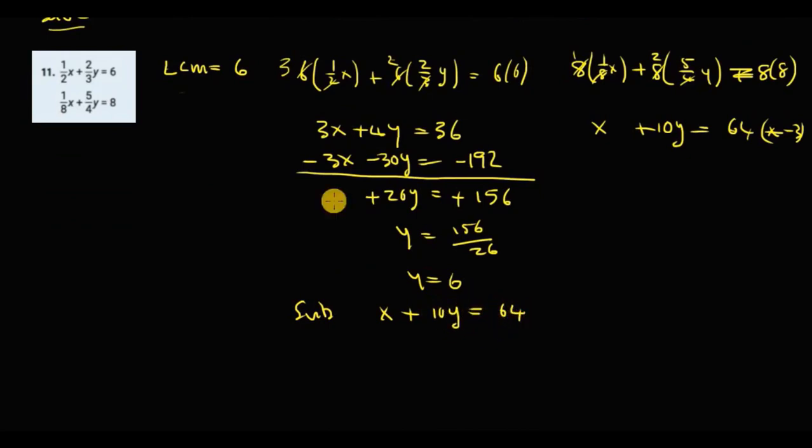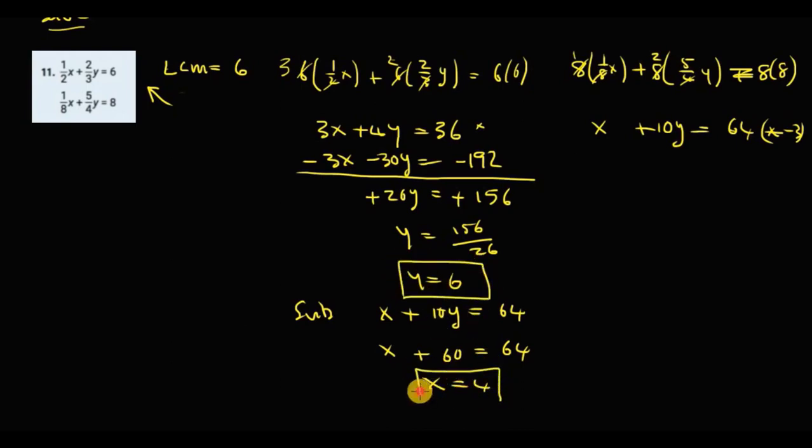I've picked that equation. You could pick one of these, by the way, but you'd be crazy because these are fractions, so much more difficult to deal with. So x plus 10y is equal to 64. I could have picked one of these as well, you know. But anyway, here we are. And we know y is equal to 6. So x plus, well, 10y is 60. And that's equal to 64. And as you can see, x is equal to 4. So there's my solution. y is equal to 6 and x is equal to 4.